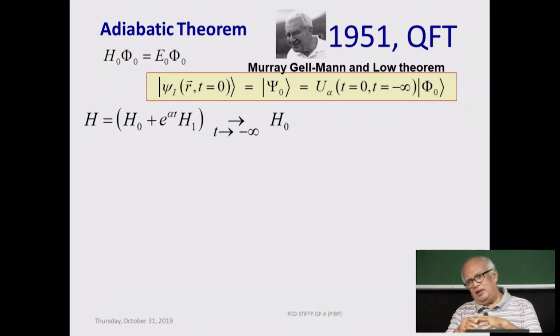So, at infinite time in the past, it is as if the system consisted of only the part H0, which was the friendly part, the part for which you could obtain a solution. And then as time t becomes 0, which is now, let us say, the instant at which we are having this discussion, e to the alpha t becomes 1 and you get the full Hamiltonian.